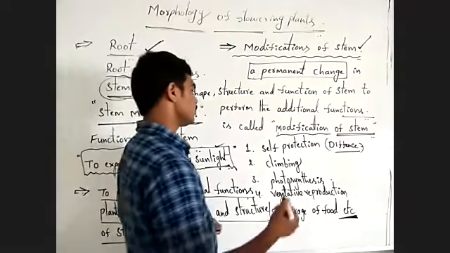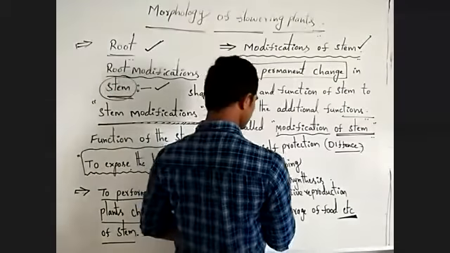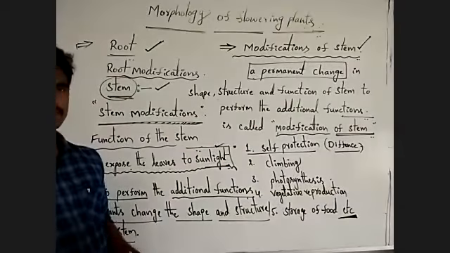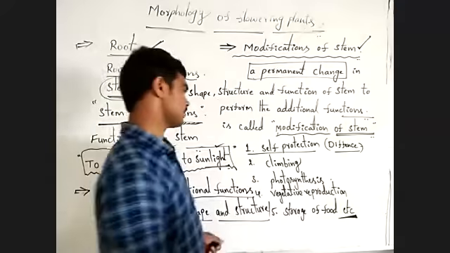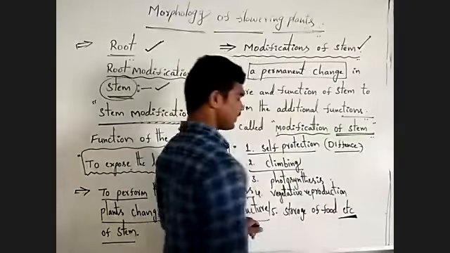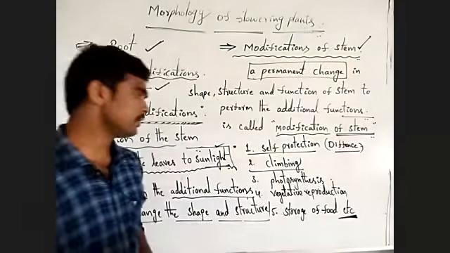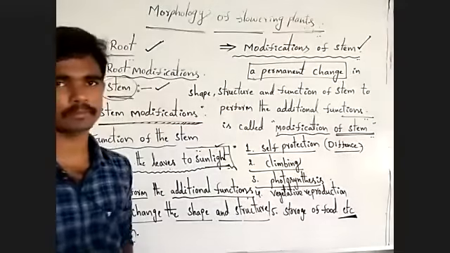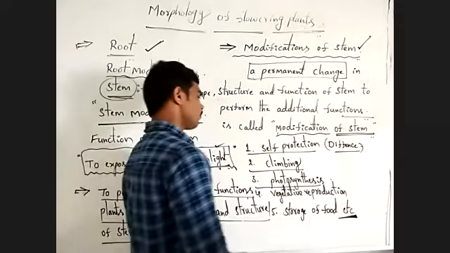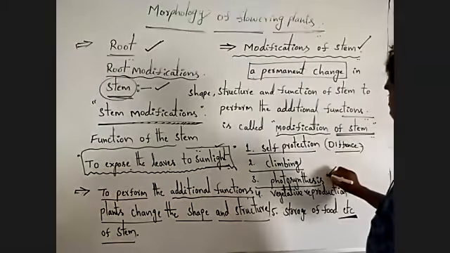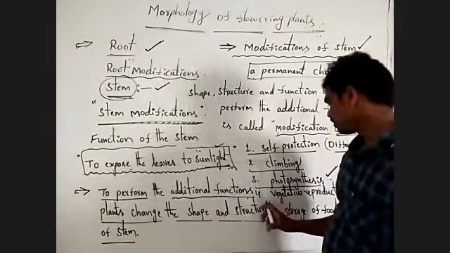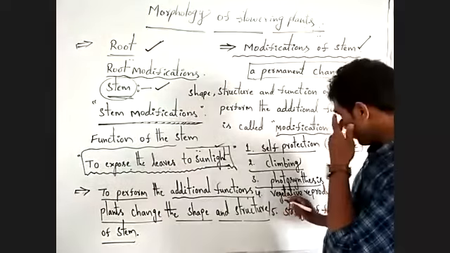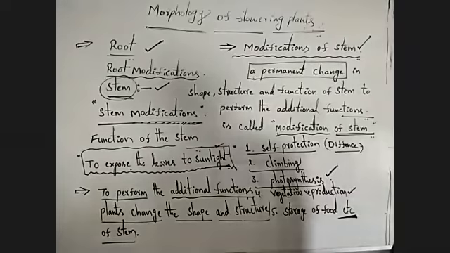First, for self-protection, means defense. Next, climbing. Next, photosynthesis. Next, vegetative reproduction.